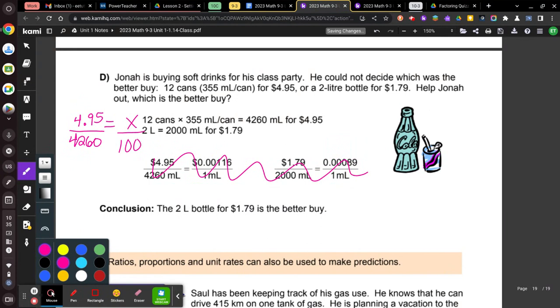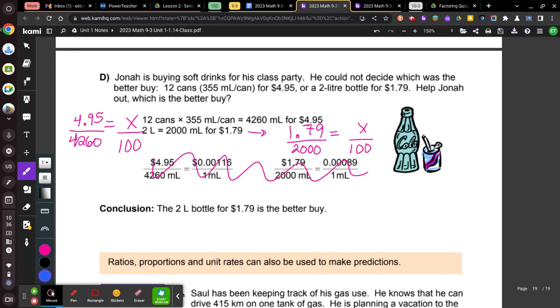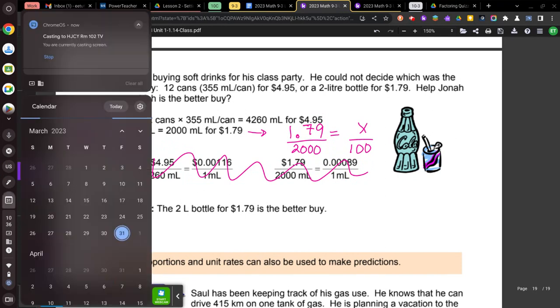And the next one, I'm going to set up $1.79 for 2,000 equals X over 100. Please write those down. Now we're going to cross multiply and divide.